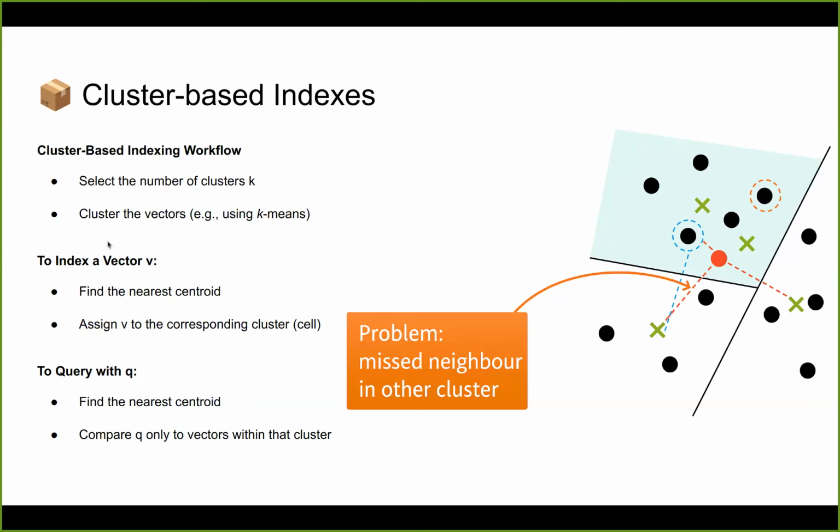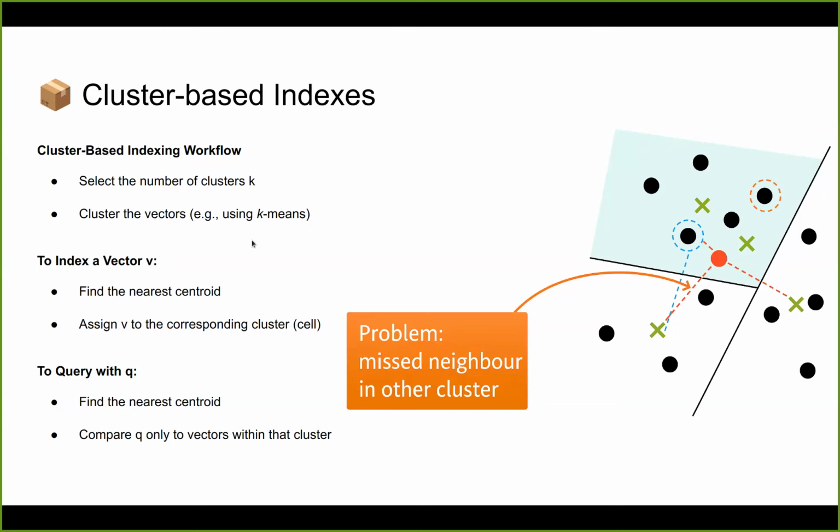In three-dimensional data, you need at most seven other partitions to traverse. So it's actually 2 to the power of dimensions minus 1. But this is the worst case that could happen for you. But yeah, all of these cluster-based indexes suffer from this problem.